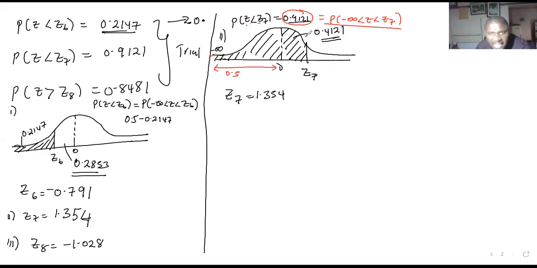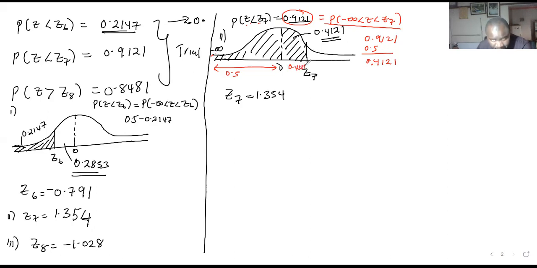Yes. Now, there is a balance from 0.9121. When you subtract off 0.5, there is a balance of 0.4121. We can no longer have it on the left-hand side. True? So it means this is 0.4121.